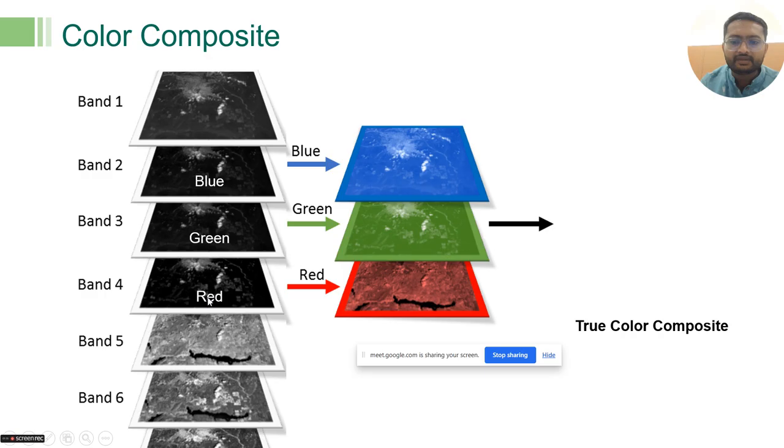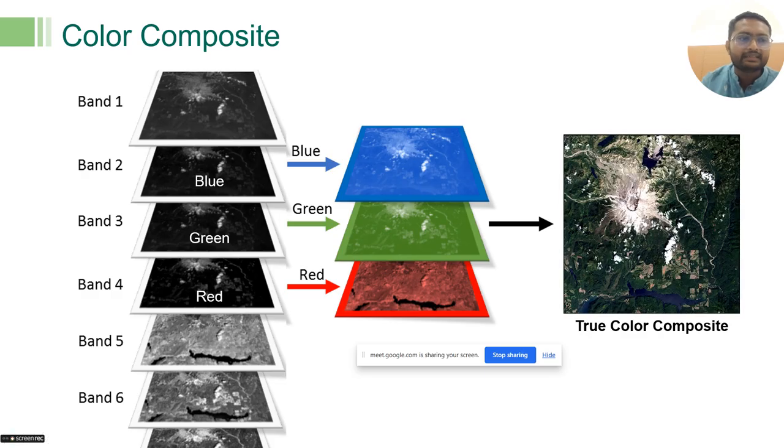So from the given bands, if we take red and put it as red, green as green, and blue as blue, then it is known as a true color composite. We can see things as they are. Vegetation will look green, snow will look white, water will look blue. Similar to what we perceive through our eyes.